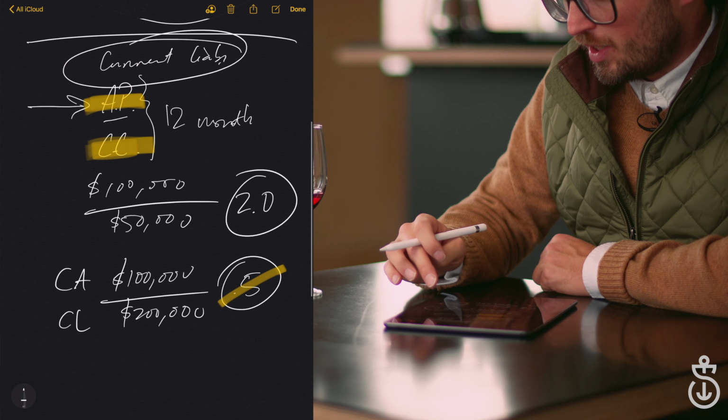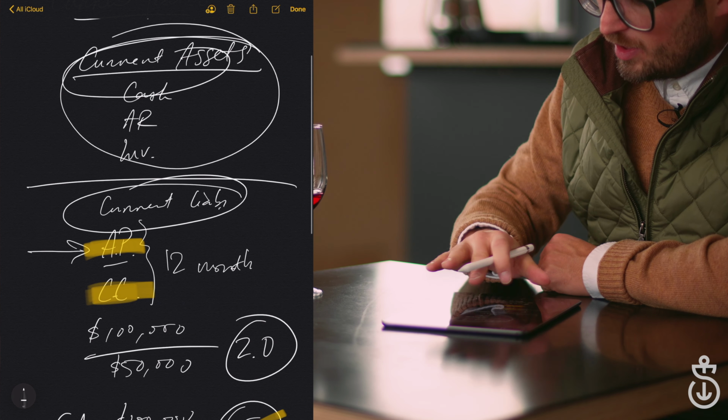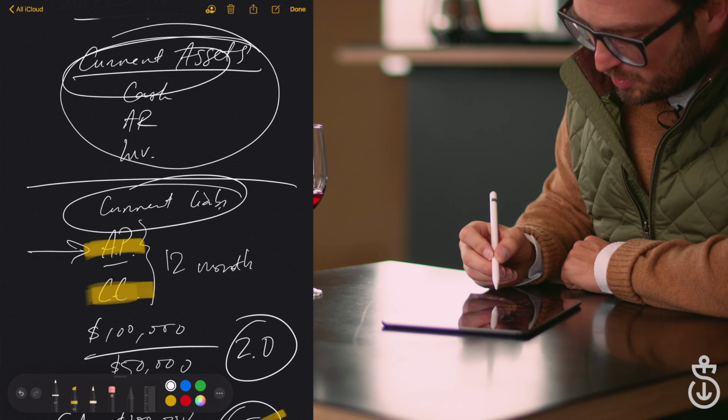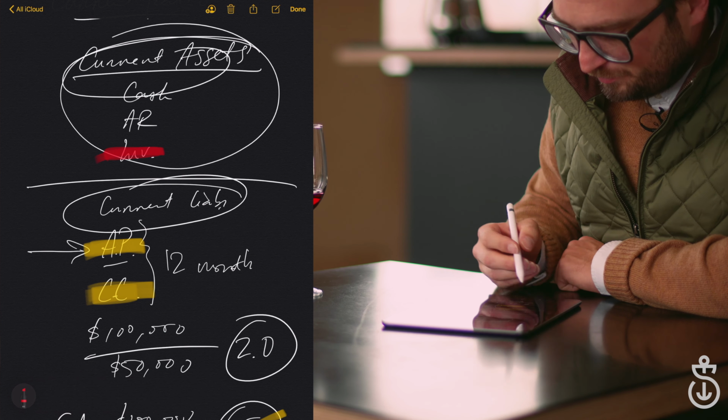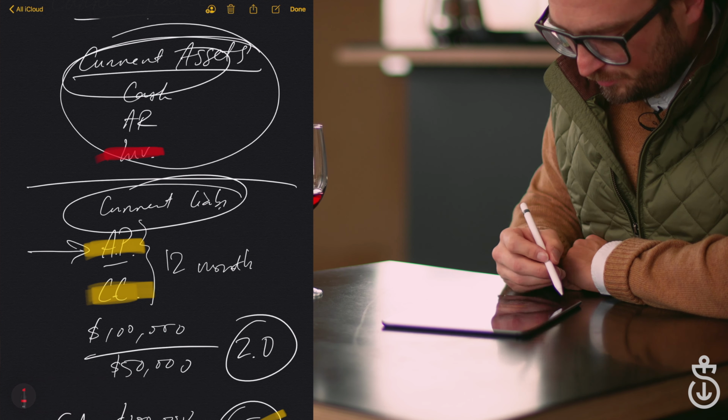Another thing that you want to take a look at here is everything that we've said here, but we're going to subtract inventory. So where a good current ratio is maybe, let's say, 1.5 to 2.0, and it's going to vary by industry.